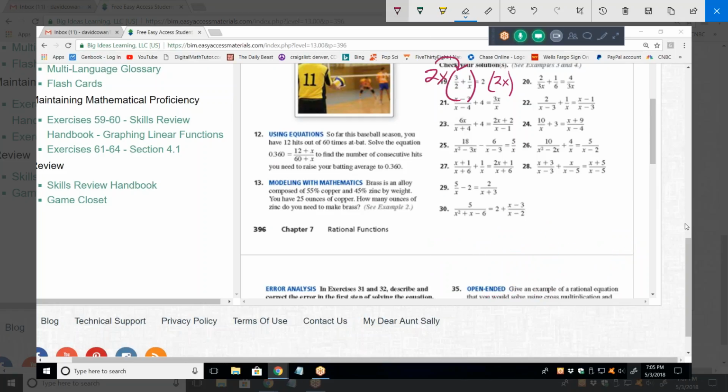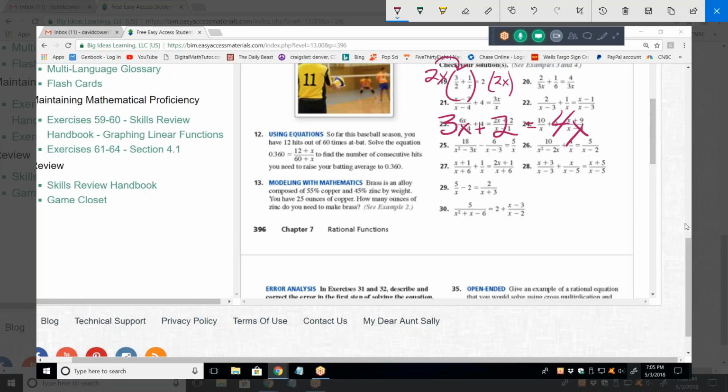So what do I have? So 3x plus 2 equals 4x. Finish solving it.